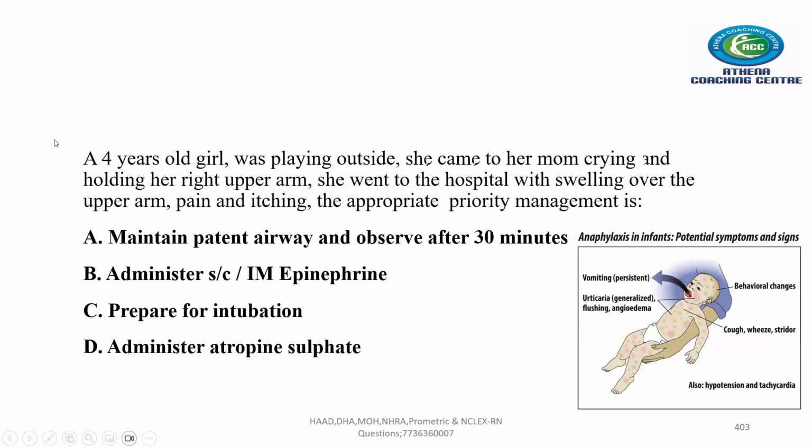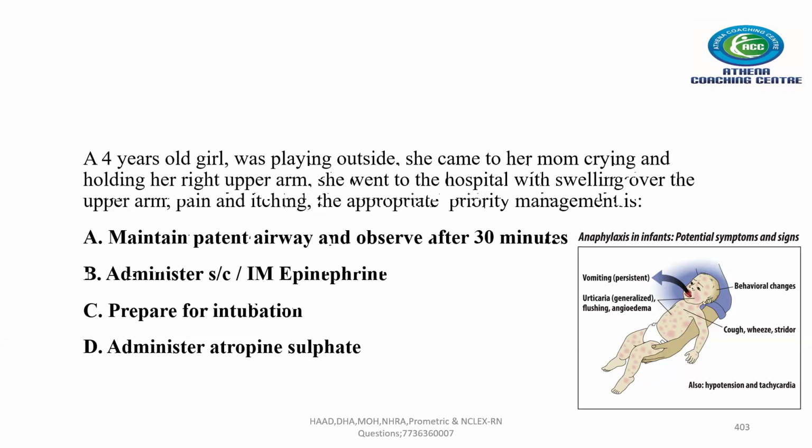Next, a 4-year-old girl was playing outside. She came to her mom crying and holding her right upper arm. She went to the hospital with swelling over the upper arm, pain and itching. What is the most appropriate management? So this particular girl's age is 4.